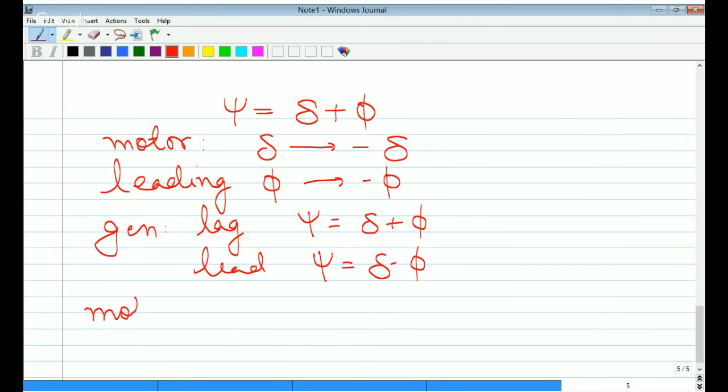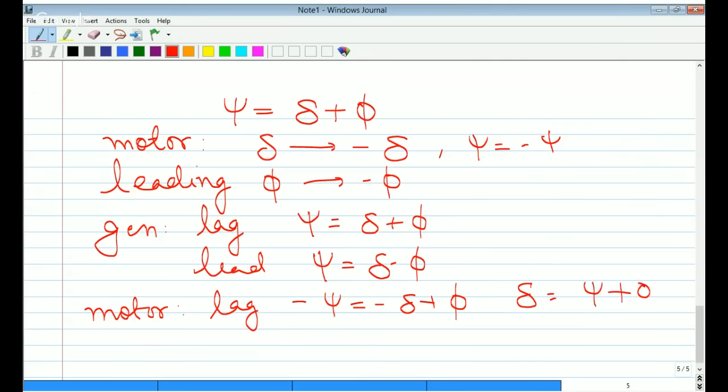For motor, psi will also be negative. For motor lagging, what to do? Minus psi is equal to minus delta plus phi, which means delta is equal to psi plus phi. What about leading? Delta is equal to psi minus phi.